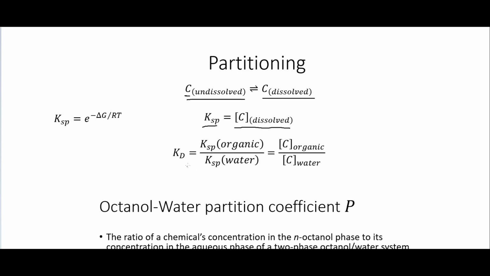We can then take that KSP for dissolved in, say, water or in some organic layer, and we get the KSPs for both of those. We divide them, and that's how we get this KD here, which is going to be proportional to our partition coefficient. This is just the concentration dissolved in organic divided by the concentration dissolved in water.